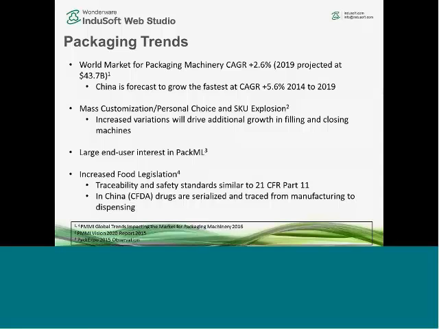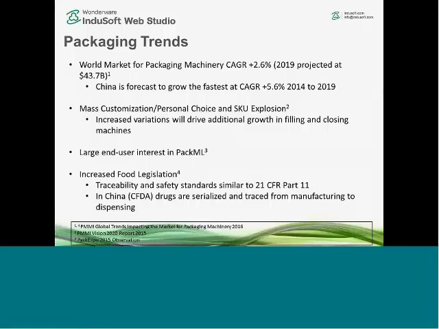But it might depend on the end consumer of those products and how they're packaged. What these studies have shown is that this is going to create increased variations and drive additional growth in the filling and closing type machines. So you should be able to see some additional growth in those areas.